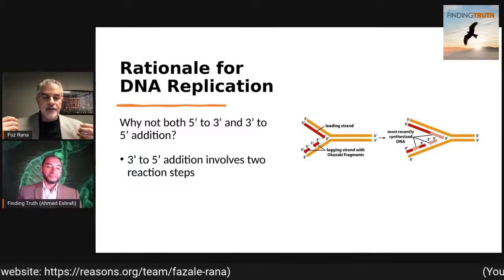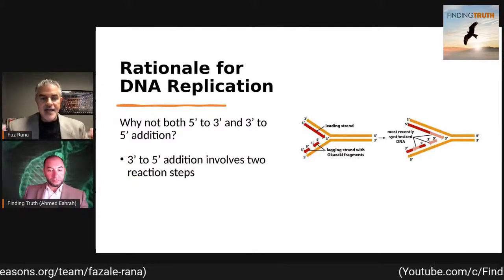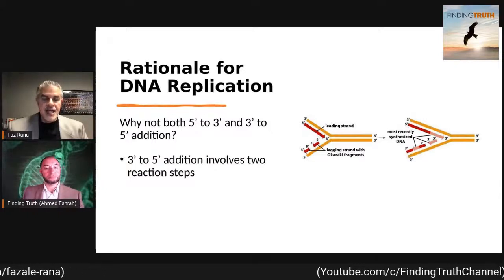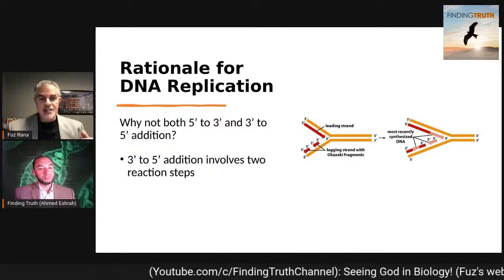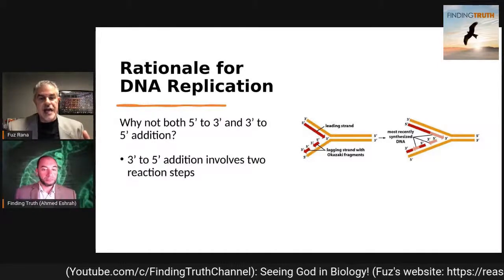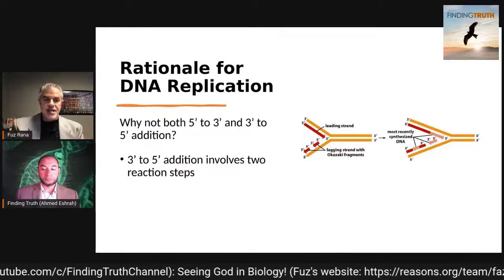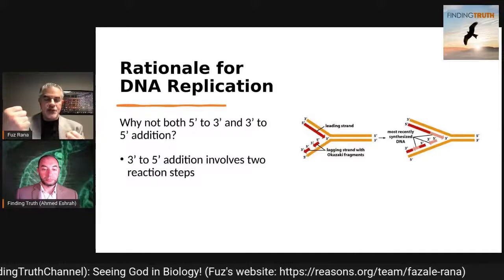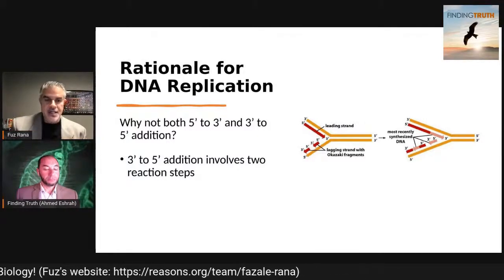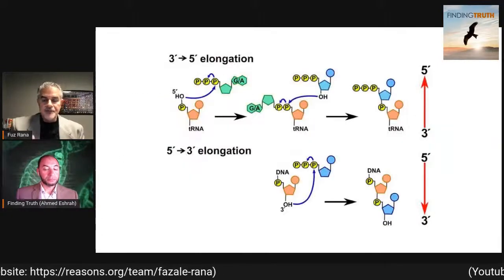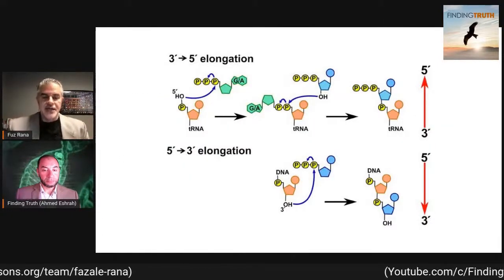But if you went 3' to 5', the chemistry demands a more complex chemical process that involves two reaction steps that would require an enzyme with two active sites that would actually have to be linked together to pull this process off. We don't need to look at the details here.